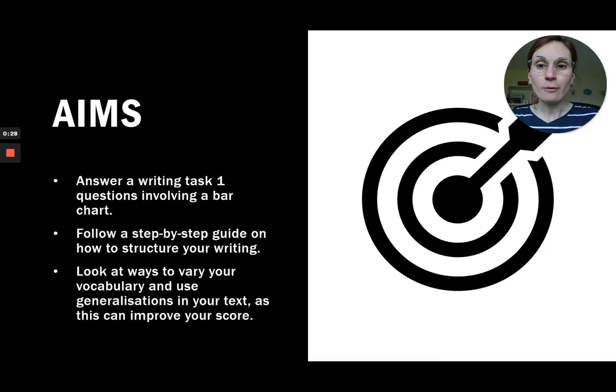And also look at ways to vary your vocabulary and use generalizations in your text so that you can improve your score in the IELTS test, because this really helps. If you avoid repeating vocabulary, repeating structures, etc., you're more likely to get a better score. So let's get to it.